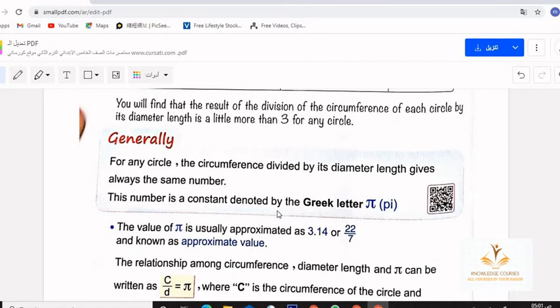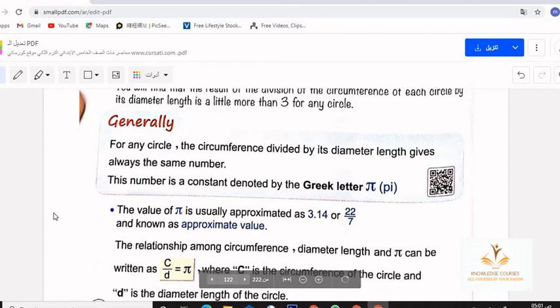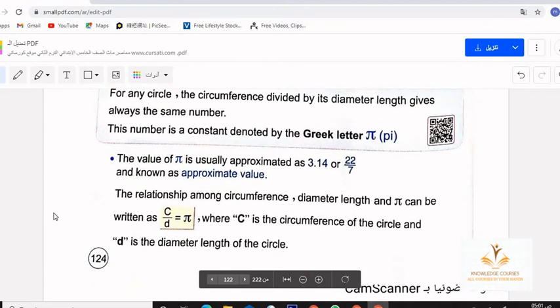تمام. For any circle, the circumference divided by its diameter length always gives the same number. عندي قيمة ثابتة, the constant value equals pi. Pi is usually 3.14 or 22 divided by 7.